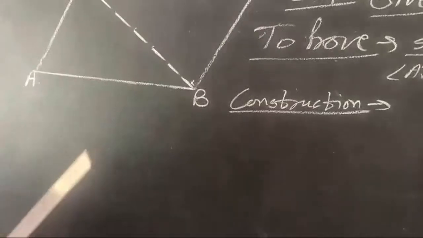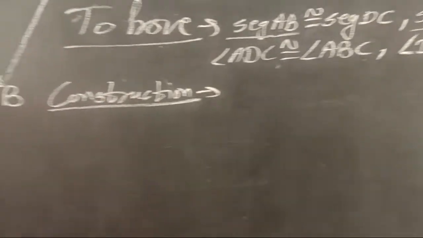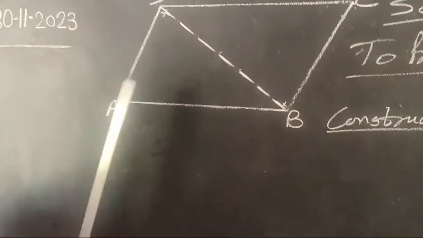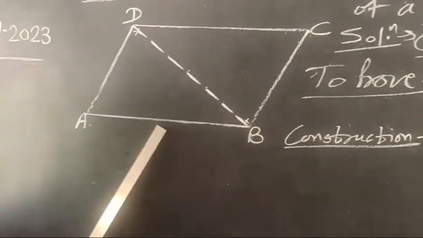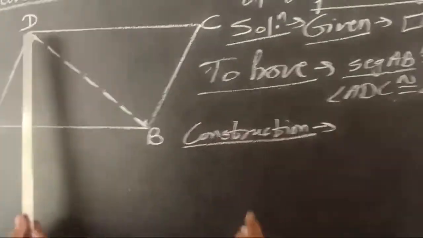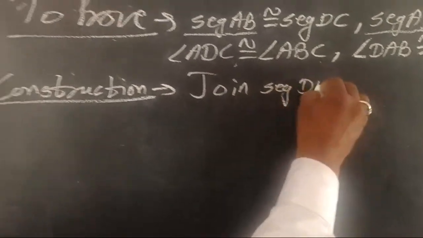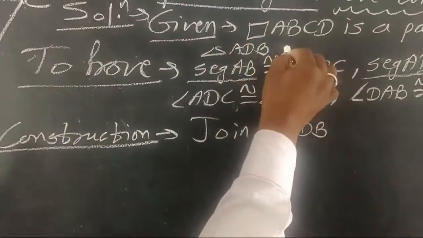The name of the triangle whose sides are AB and AD is triangle ADB. That triangle's sides are AB and AD. For that purpose, we join segment DB. The name of the first triangle is ADB.